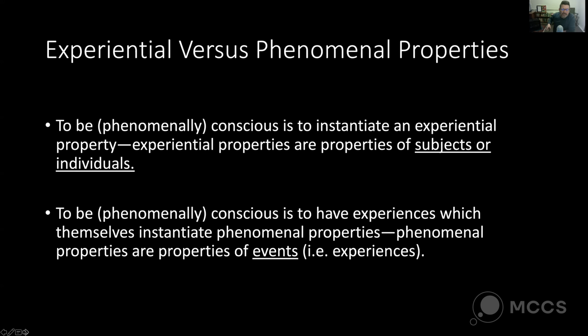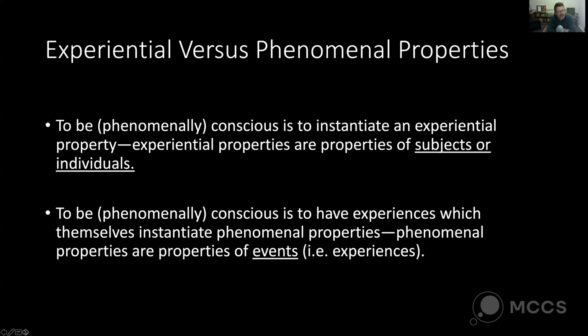Well, what is the key distinction that Nida-Rümelin makes? Well, the key distinction in this paper is between what she calls experiential and phenomenal properties. The labels here are always a bit hard to keep track of because words like experiential, phenomenal, qualitative, and so on are often just used interchangeably, and nobody notices what it is that we're talking about or how they're different from each other.